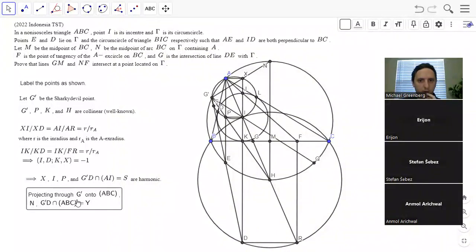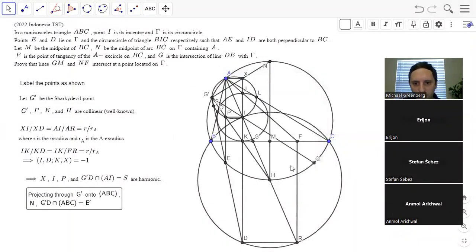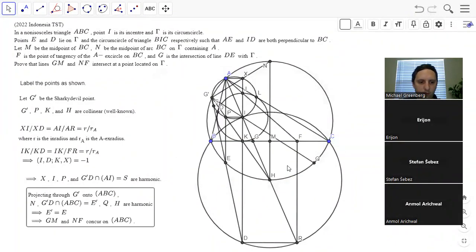Or E prime. And then Q H is harmonic. Harmonic implies E prime equals E. And that means that GM... all right, so that is that.